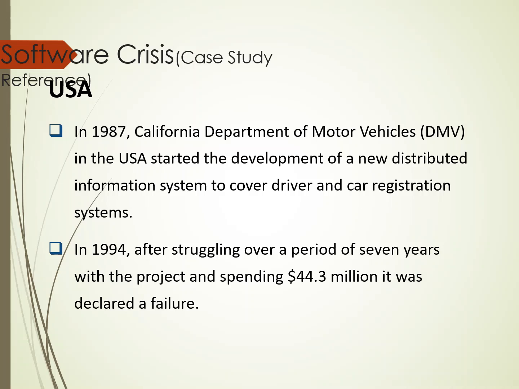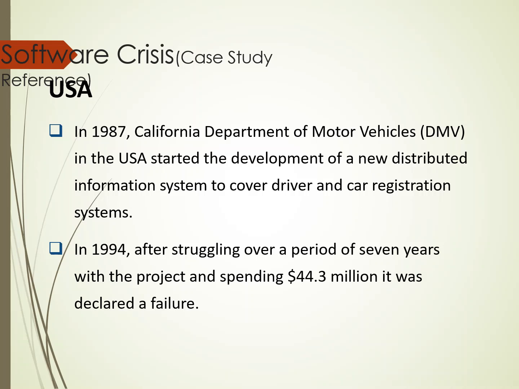In 1987, the California Department of Motor Vehicles in the USA started the development of a new distributed information system to cover the driver and car registration system. In 1994, after struggling over a period of 7 years with the project and spending $44.3 million, it was declared a failure.